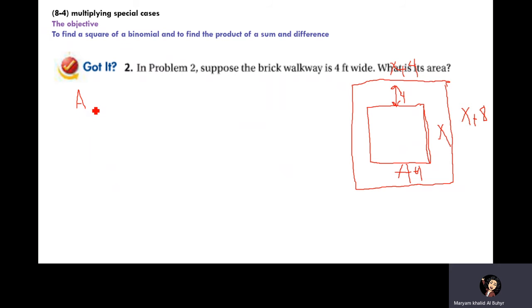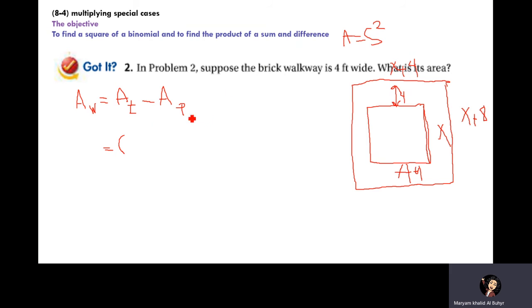The area for the walkway will be the area for the big square, the large one, or the total, minus the area for the patio. Since this one is a square, the area for a square is side squared.